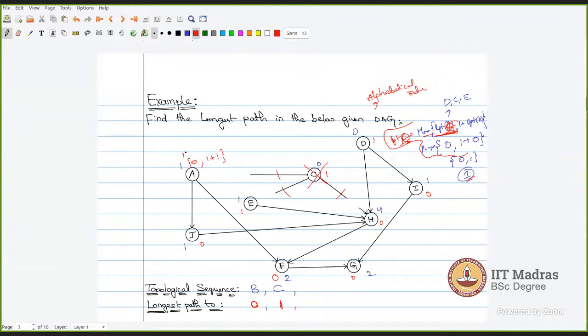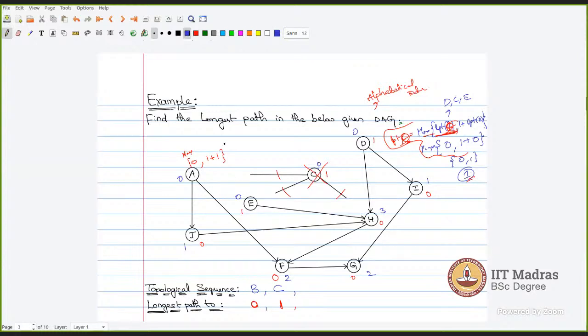So max of this thing, that will be 2. So let me update the in degrees first. So this 1, and this 4 will reduce by 1 each. So this will become 0, 0, and 3. Yes, it will reduce by 1.